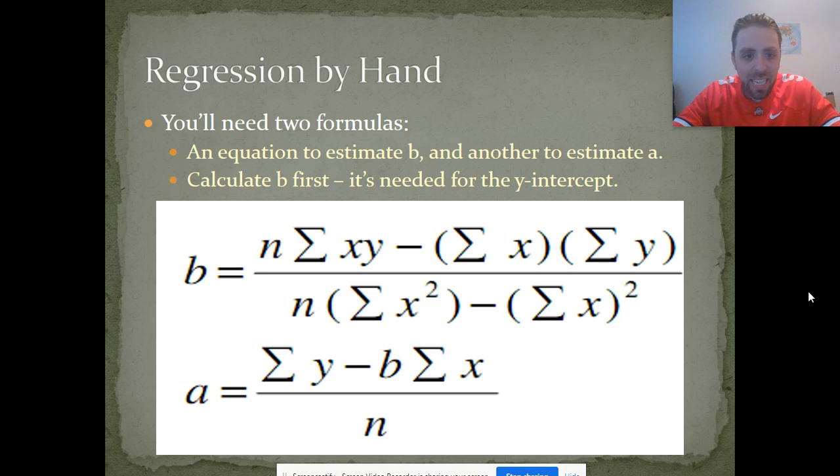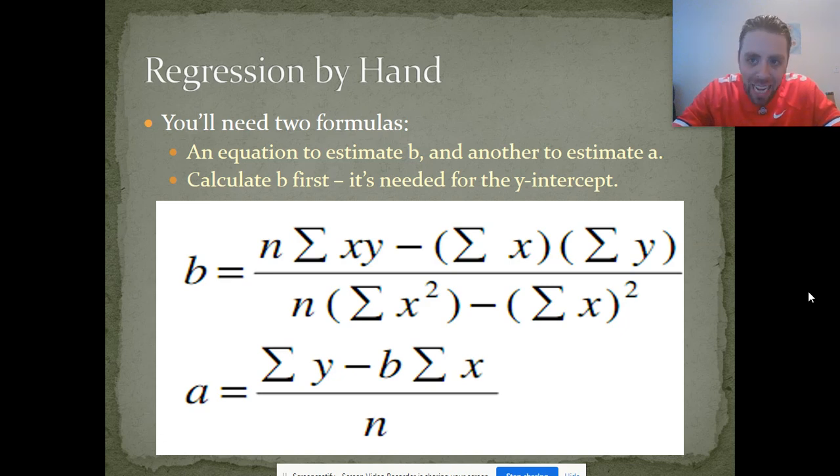B is defined as n times the summation of xy minus the summation of x times the summation of y, over n times the summation of x squared minus the summation of x, pregnant pause, squared. And once we do that, then B gets inserted into the bottom equation.